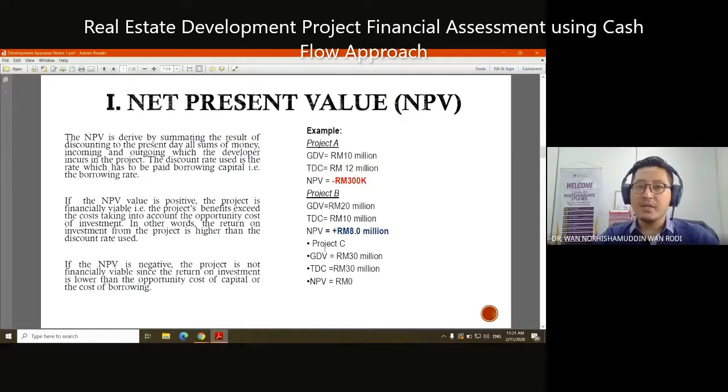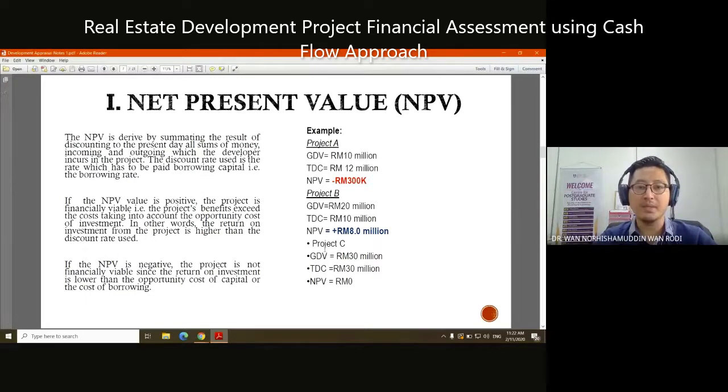Net present value is derived by summating the results of discounting to the present day. As I have already explained to you, we will sum all the results into the net present value, and the amount of NPV is generally the amount of the developer's profit at the current time.